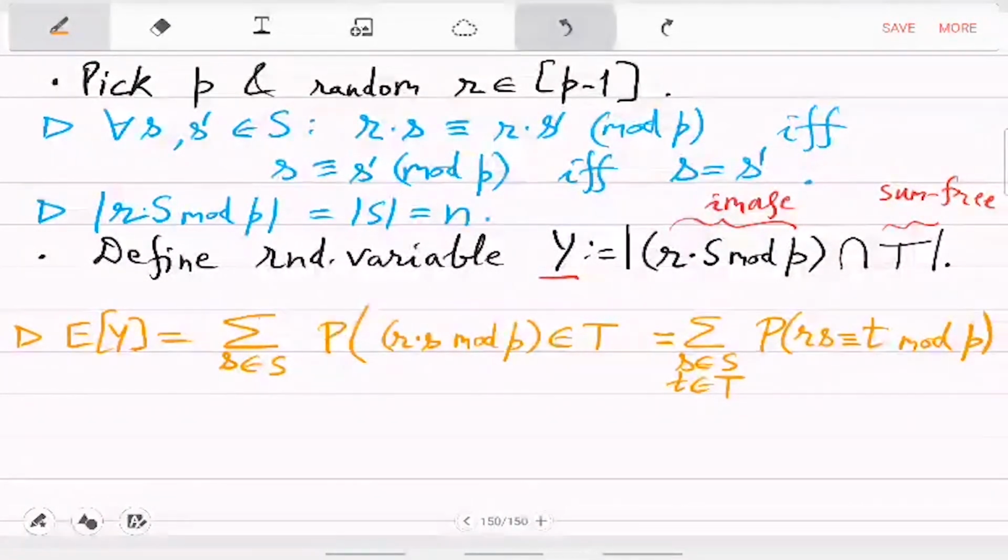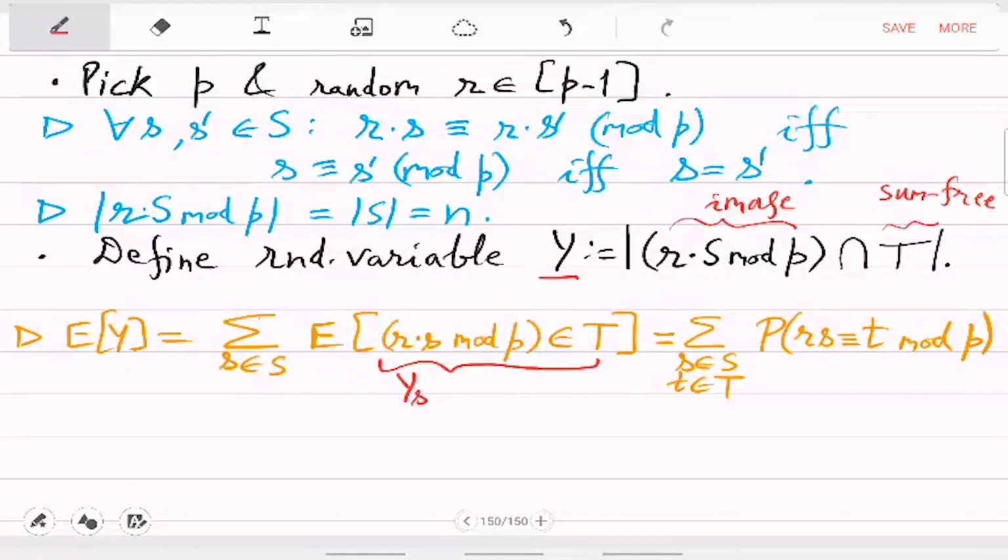So, let me go back. In fact, I have to say it is a random variable. So this YS is a random variable. This is 1 if the above is true and 0 otherwise.